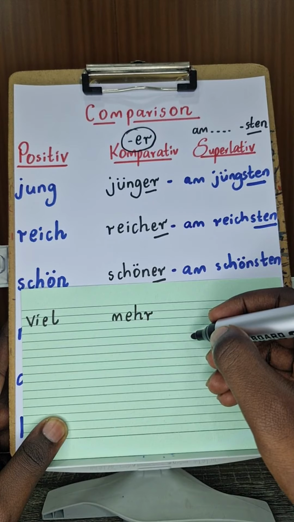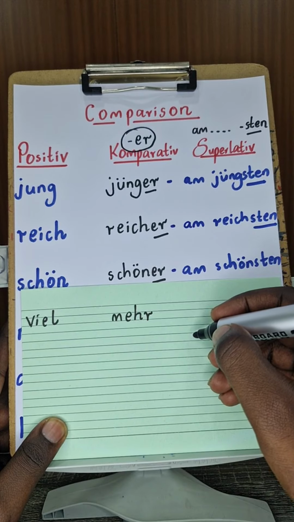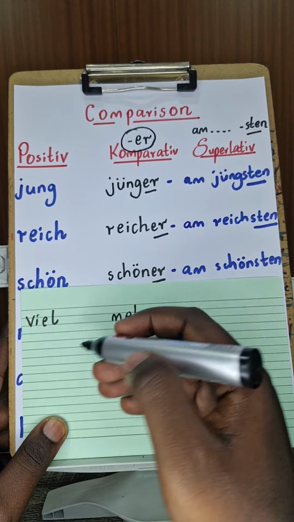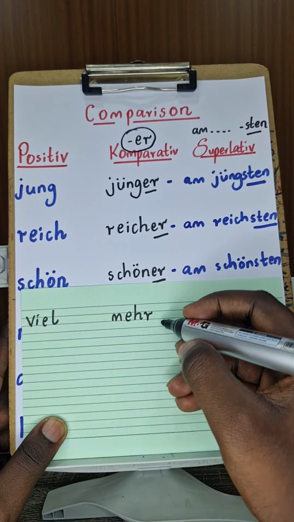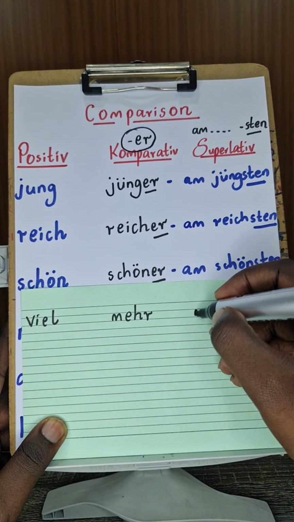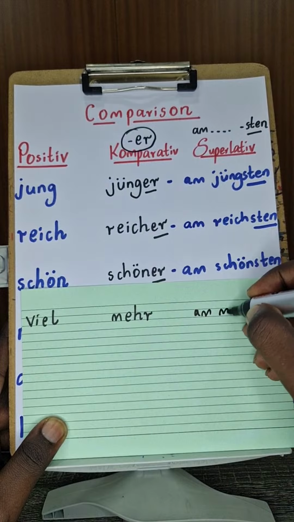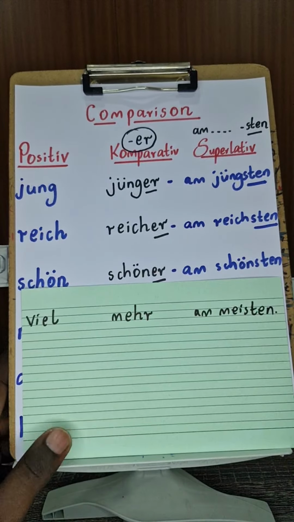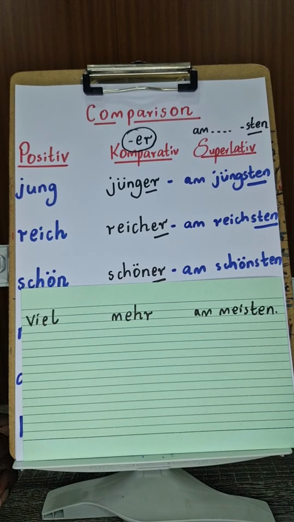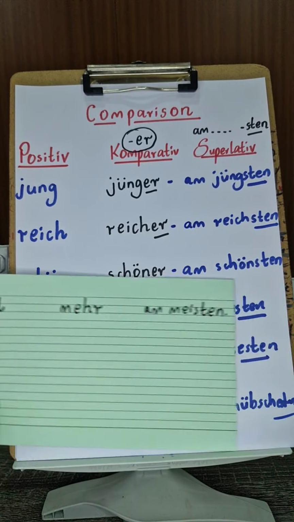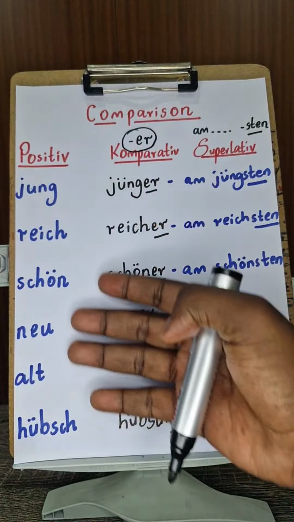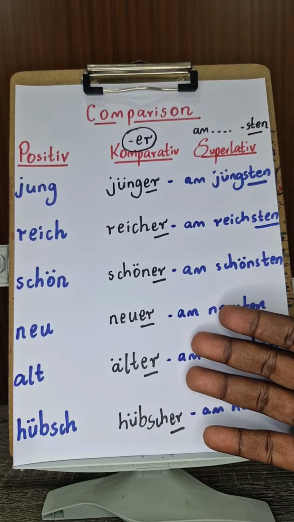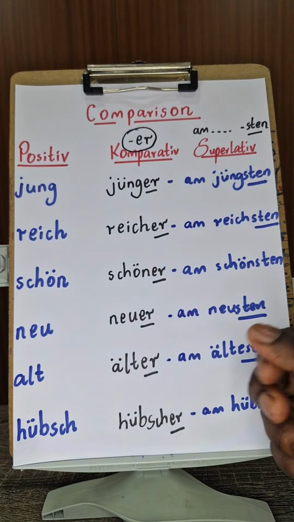So, viel now becomes mehr, very irregular, right? And then in the superlative, now becomes am meisten. This one is normally a very irregular one. Viel, mehr, am meisten. Nadia also tried and said am meisten. That is correct.